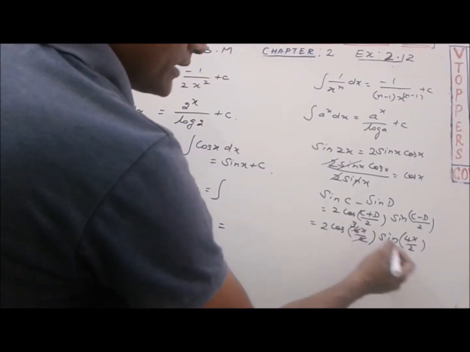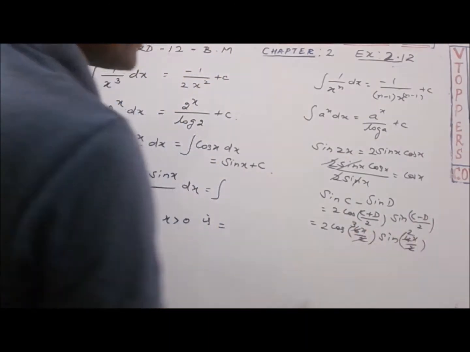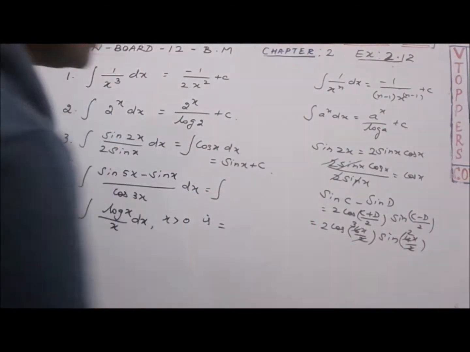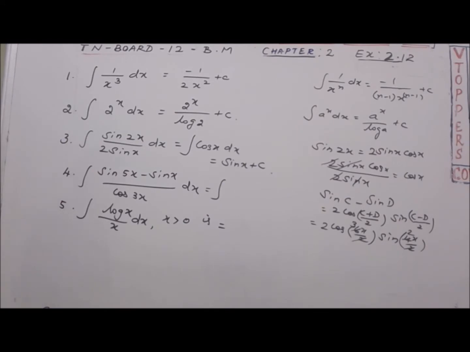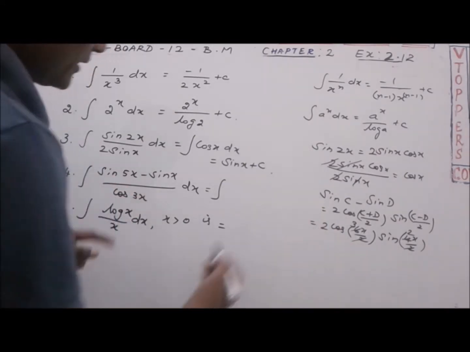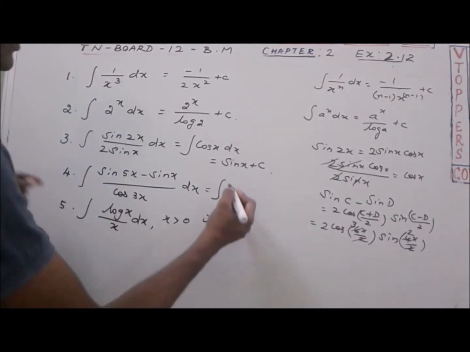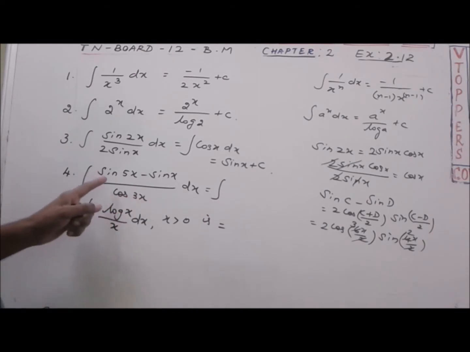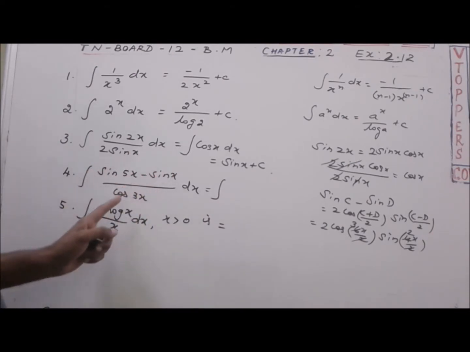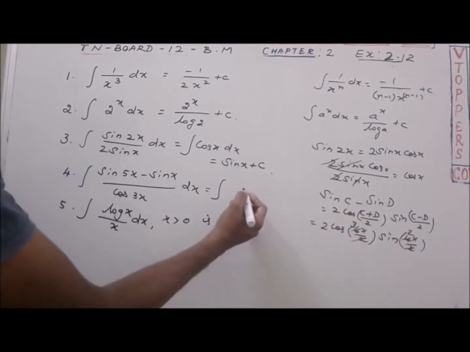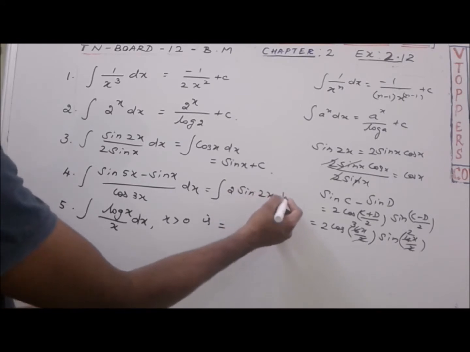Simplifying, 3x and 2x, so it is equal to 2 cos 3x sin 2x. But in the denominator we have cos 3x, so cos 3x and cos 3x are eliminated. Remaining is 2 sin 2x. So the integral of the simplified form of sin 5x minus sin x by cos 3x is integral 2 sin 2x dx.